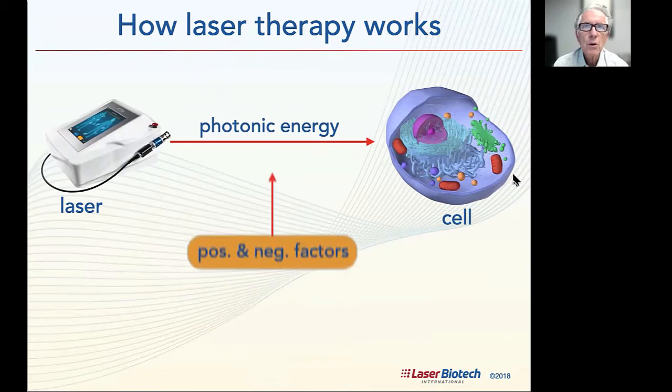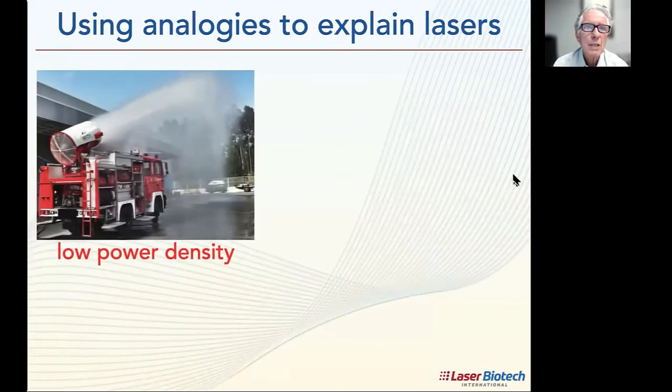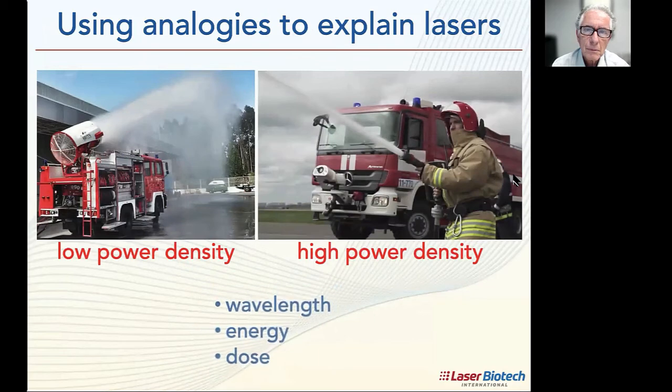Yes, we also will talk about how laser therapy works, the physics behind that. There's a laser emitter and the cell, why do that? Factors that get in the way, or favorable factors, positive and negative. But in all cases, I use analogies rather than formulas: low power density versus high power density, same thing for wavelengths, energy, dose, and all that.